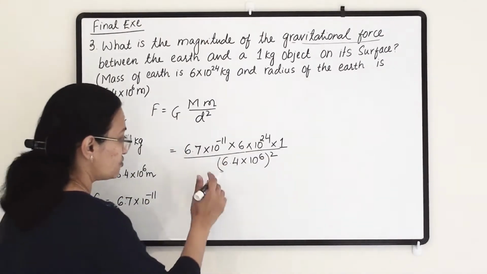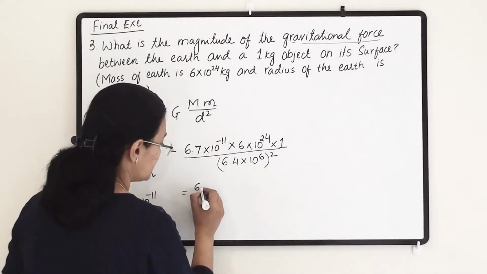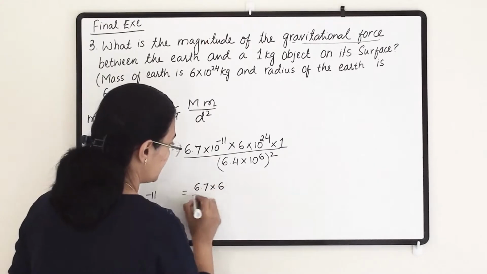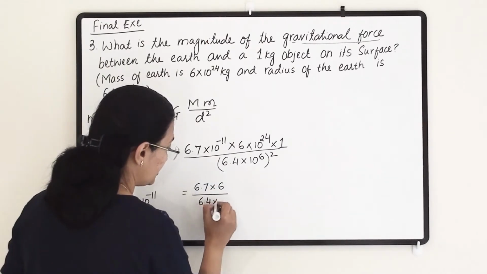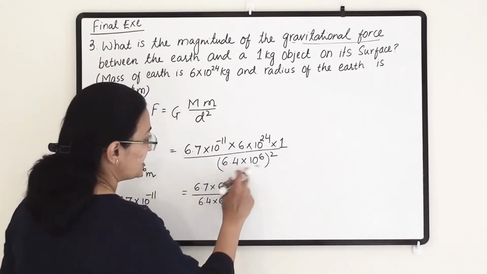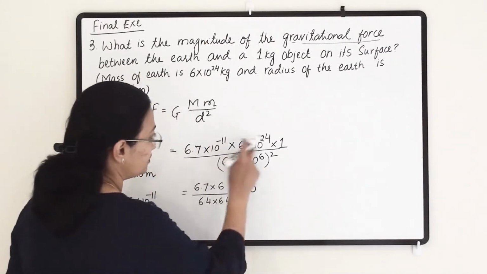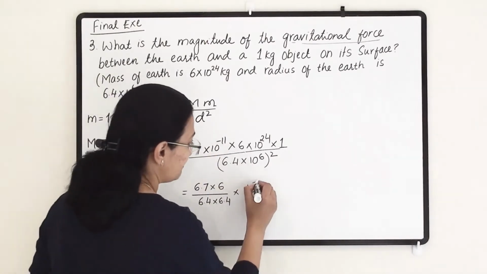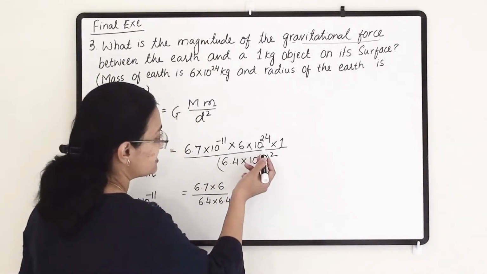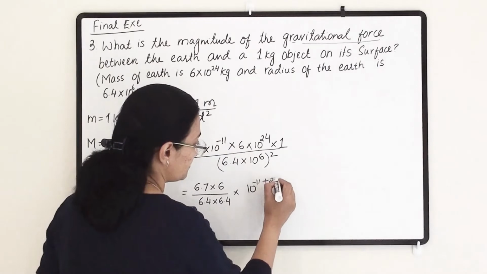Now once we solve this, we will get 6.7 into 6 divided by 6.4 into 6.4, because this is a whole square. Now let us solve the powers of 10. Here minus 11 is there, and we are adding 10 raised to 24 into this.